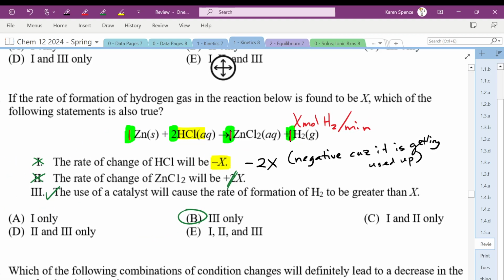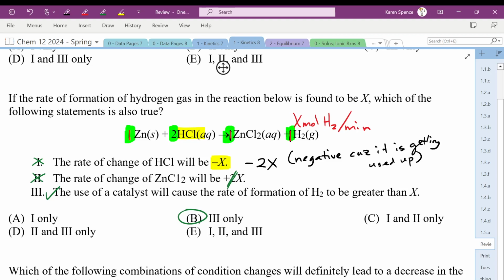Okay. It's on the video from yesterday. Okay, so check that out. It basically has to do with the stoichiometry. So the coefficients. So you have to make sure that if it's 1 to 1, they should change at the same rate. If it's a 1 to 2, one should be changing twice as fast. One should be changing half as fast. Okay.